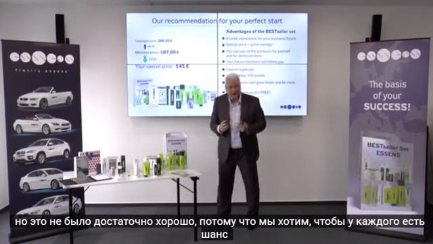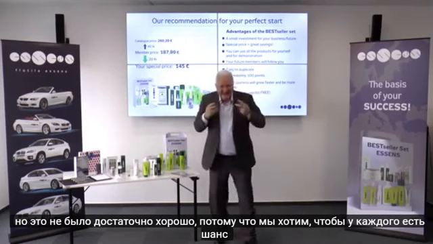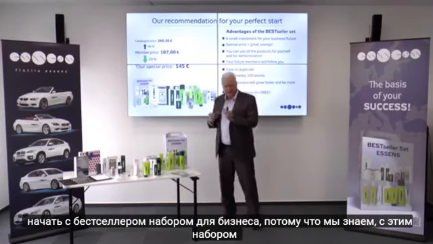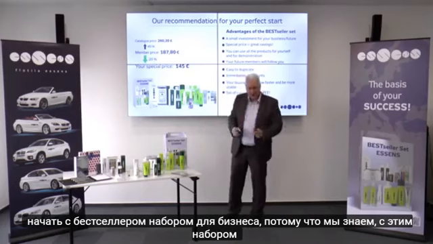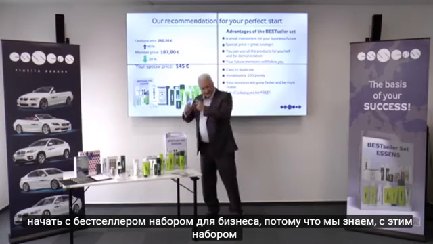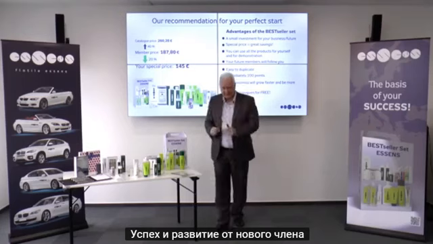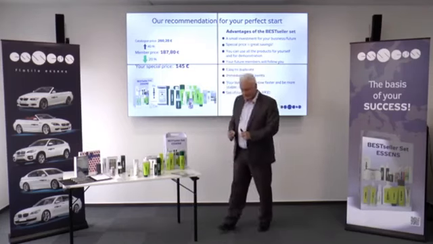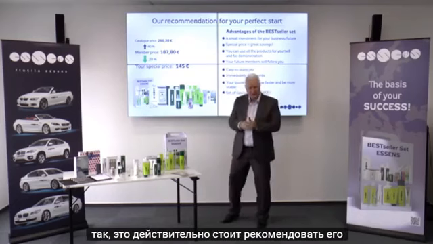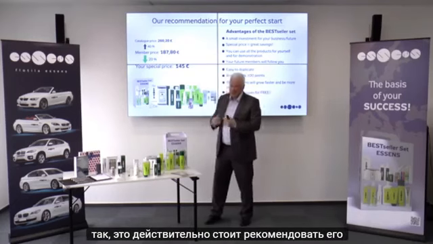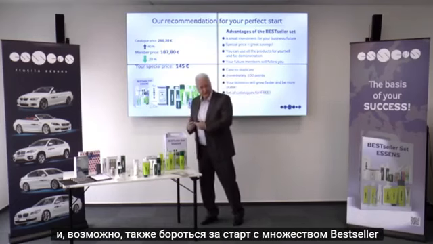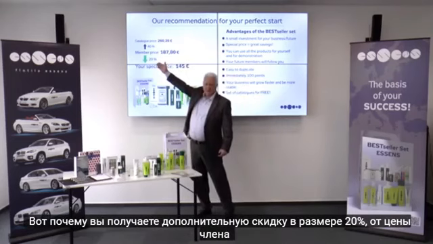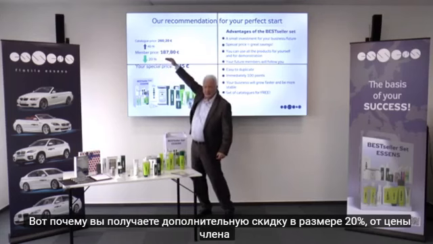But it was not good enough because we want that everybody has a chance to start with the bestseller set for the business, because we know that with this set, the development and the success from the new member is faster and bigger. So it is really worth to recommend it and maybe also to fight for a start with the bestseller set. And this is why you get an additional discount from 20% from the member price.